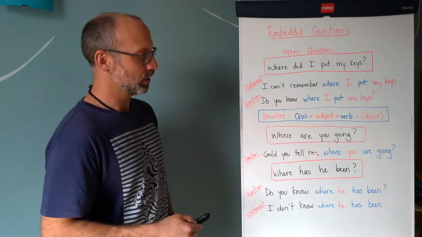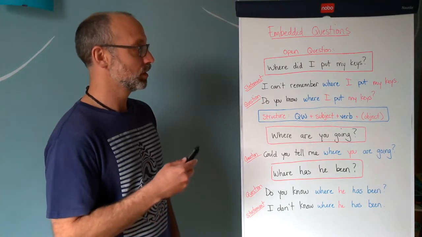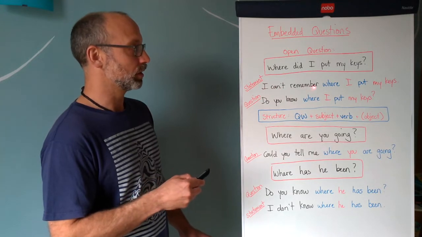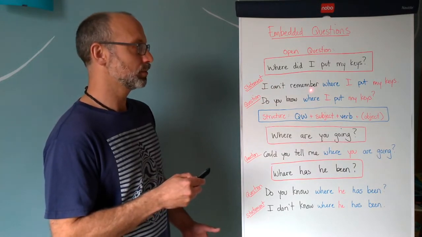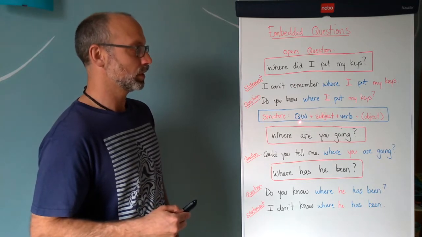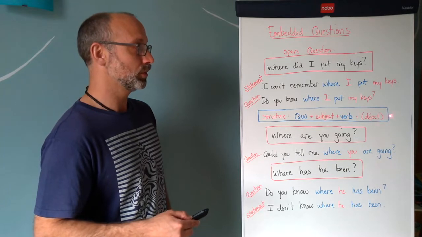And these that we have down here are also the same. So we have lots of examples, but for now, let's just focus up here. So I can't remember. And then we have to follow a certain structure. You can see this structure right here: question word, subject, verb, and if you want to include it, an object.